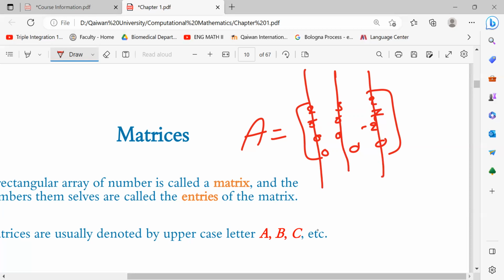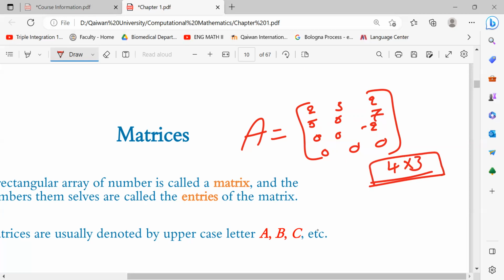We have 3 columns. So the size of this matrix is, first we count the rows, then the columns. Rows are 4 by number of columns 3. So it's 4 by 3. The matrix is 4 by 3. This 4 by 3 is the size of the given matrix.